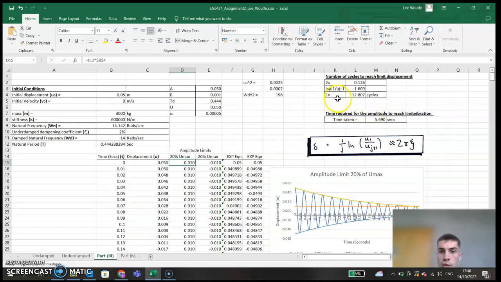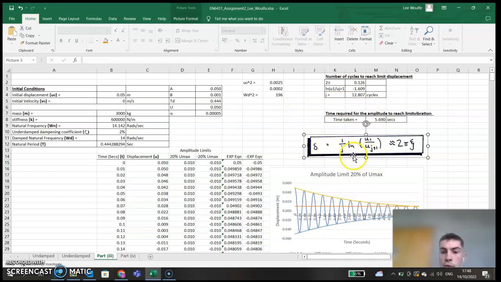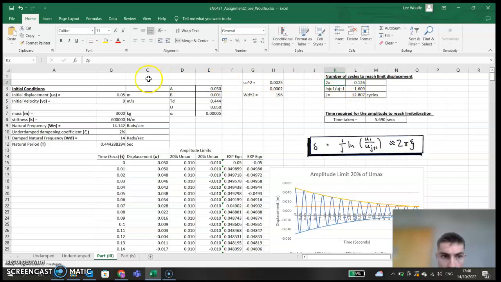And when we actually come up here to do the formula numerically, which is this formula here, we rearrange it to get j. So as you can see here, I have my 2 pi zeta there, which gives us 1.6, and then I also got ln of, in this case it is a 20% reduction, so I have ln of 0.2 in here.